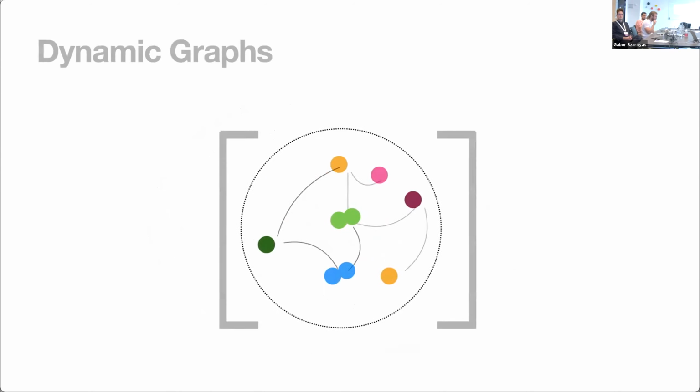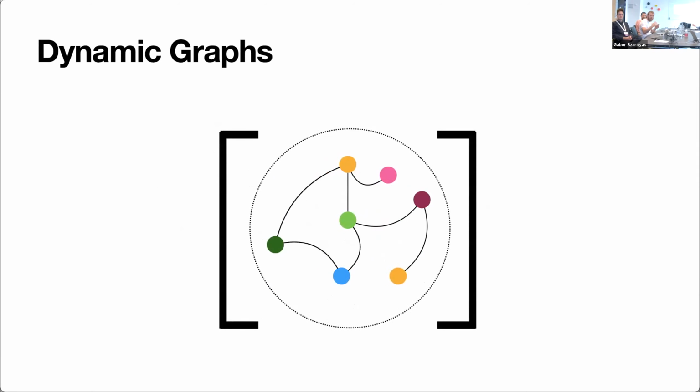I can also put some bounds on the graph. If you imagine the graph as a circumference, you might have a perimeter, a diameter. So we know where the graph ends, but it can be dynamic. It means that over this graph I have changes. I can have additions, like in this case I add one edge between two nodes, the burgundy one and the green one, or I can have deletions.